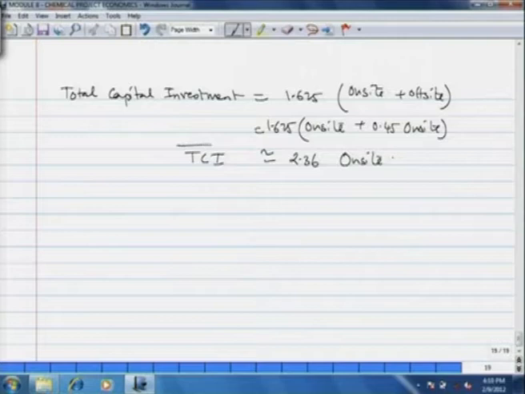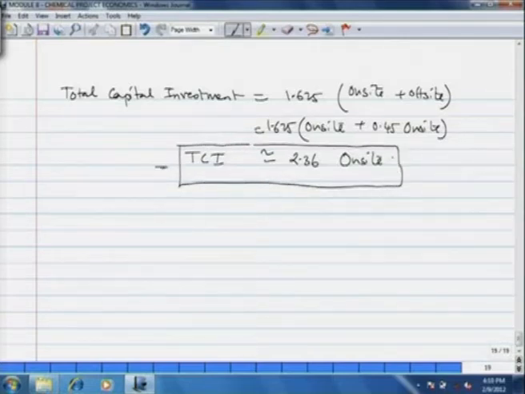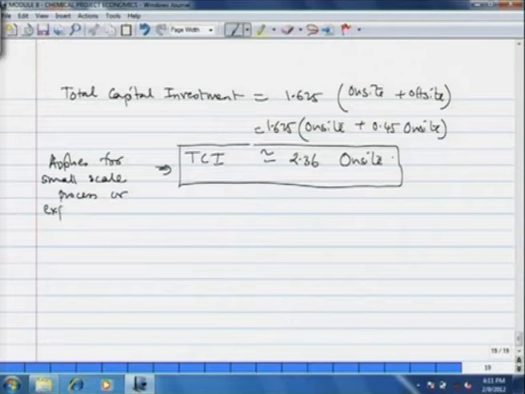This is an important formula that we have derived. Of course, this applies only for expansion of an existing facility, for small scale process or expansion of an existing facility.